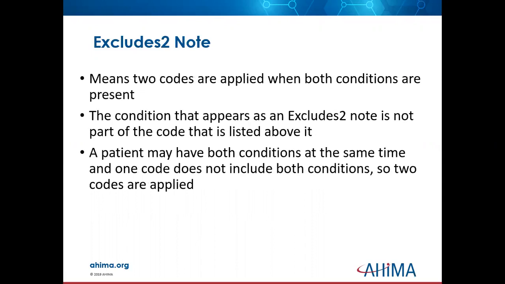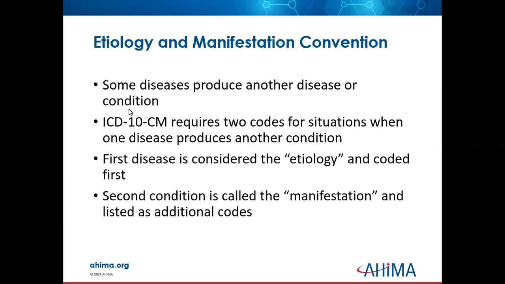Excludes 2 means that two codes are applied when both conditions are present and documented. So the patient may have both conditions at the same time, and one code doesn't include both conditions, so two codes are applied based on the documentation. Some codes and diseases produce other diseases or manifestations.